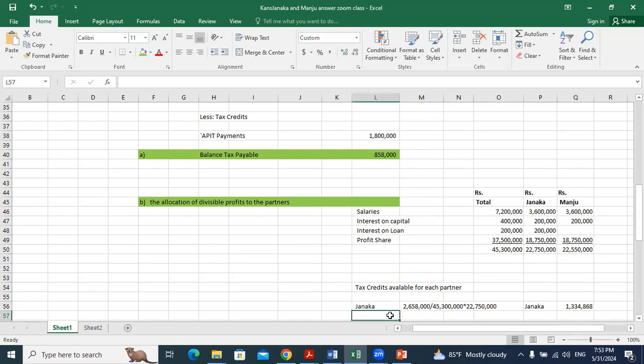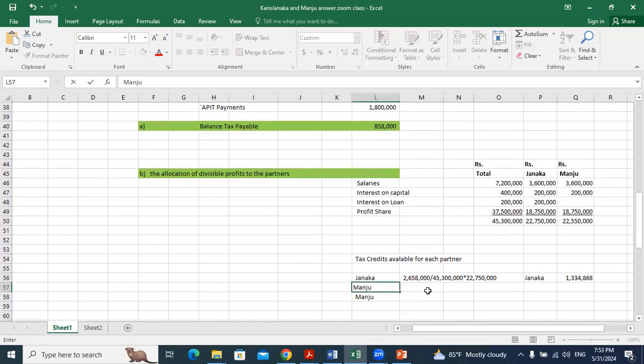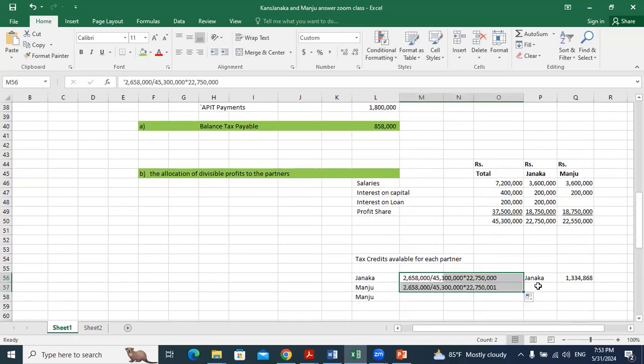Manju. Same formula. You'll have to alter this one. 22,550,000. This is Manju.